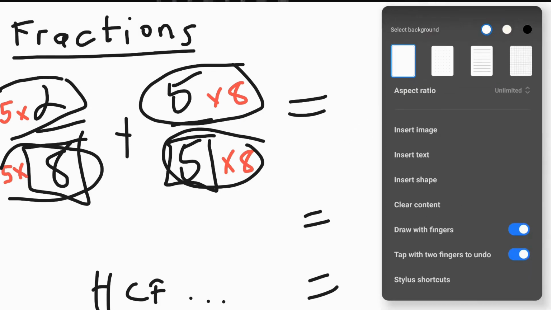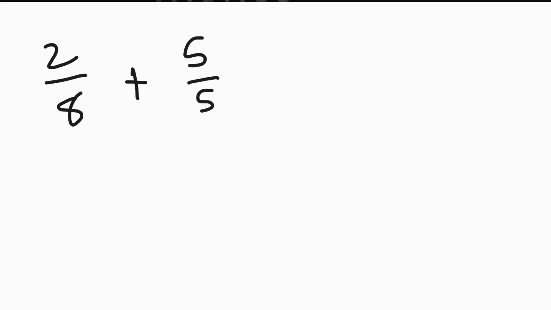Actually, let's just start afresh. So we're gonna go again with a 2 over 8 plus a 5 over 5, okay? So another method we could have made use of here was turning this fraction into 1.